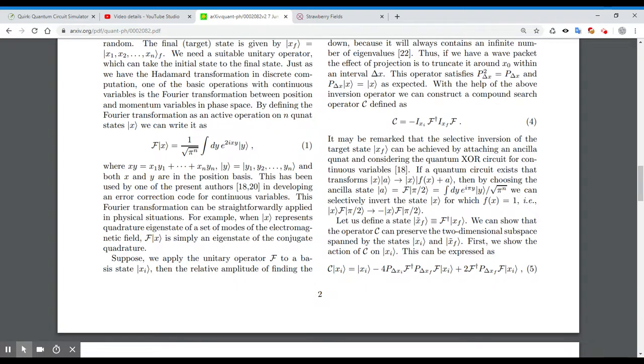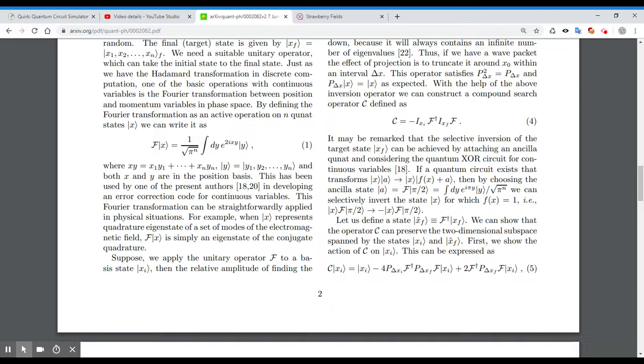It may be remarked that the selective inversion of the target state can be achieved by attaching an ancilla QNAT. Selective inversion. Oh no, this is inversion. This is not. Identity? I don't know. It can be achieved by attaching an ancilla QNAT and considering the quantum XOR circuit for continuous variables.